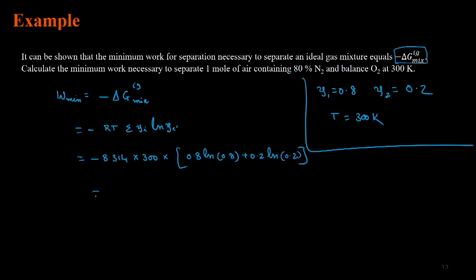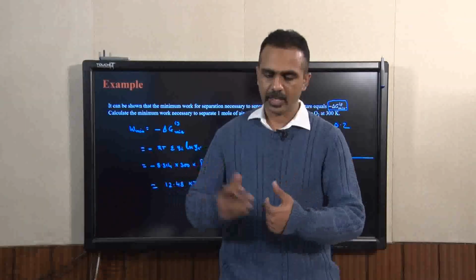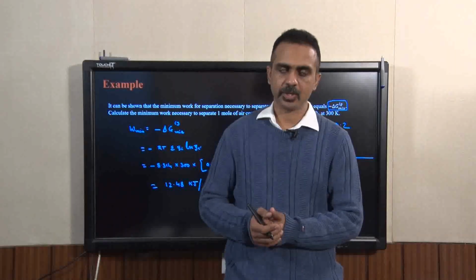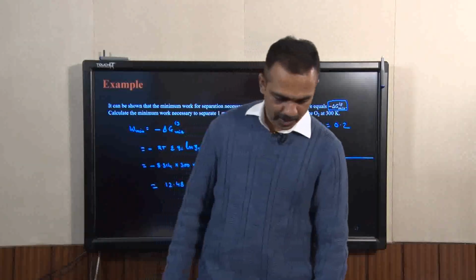Delta G mixing is a molar quantity, so the minimum work required is the minimum work per 1 mole of gas. So that's how we can use the concepts about ideal gas mixtures we learned earlier and do some quick calculations on entropy changes upon mixing and Gibbs free energy changes upon mixing.